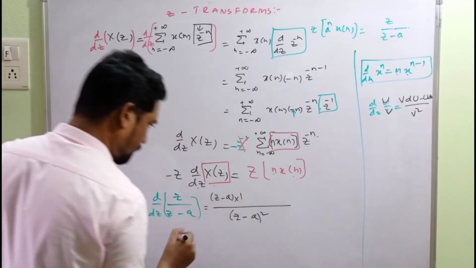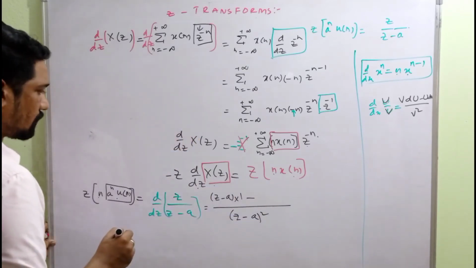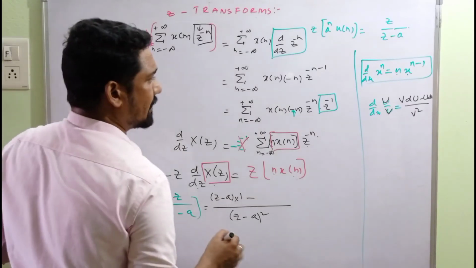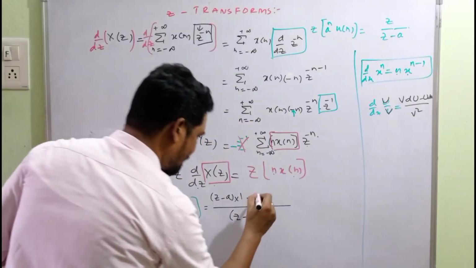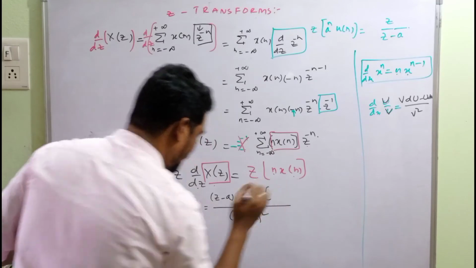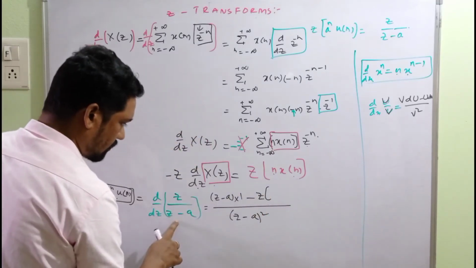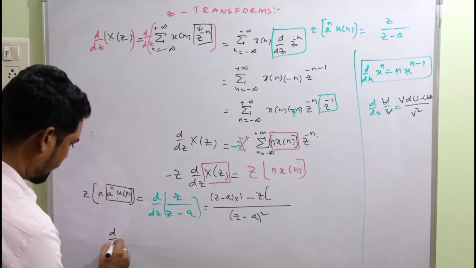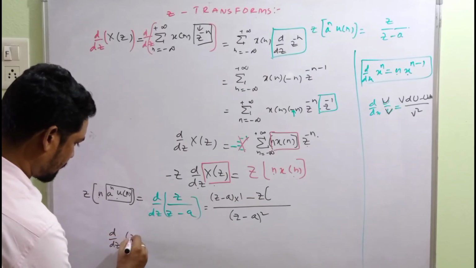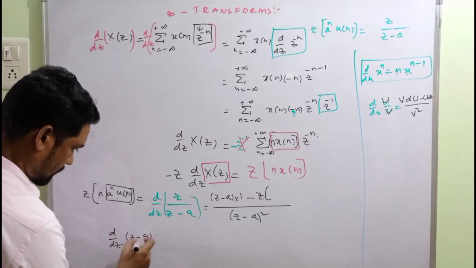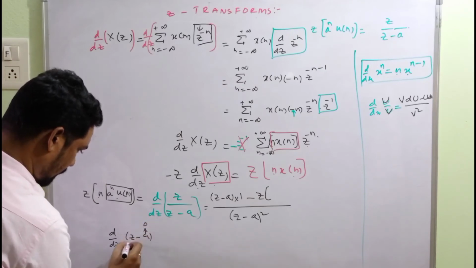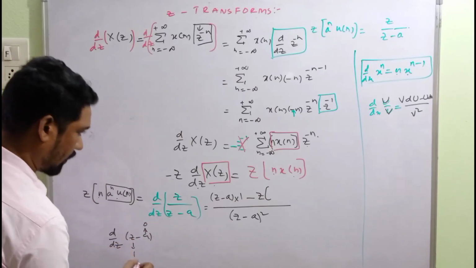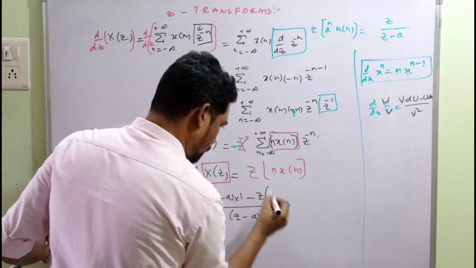that's 1, minus, right? U as it is, in the sense z as it is, and the derivative of the term v, derivative of this one, d by dz of z minus a. This is a constant, that becomes 0, and with respect to z, that becomes 1, and so we will be having 1 over here.